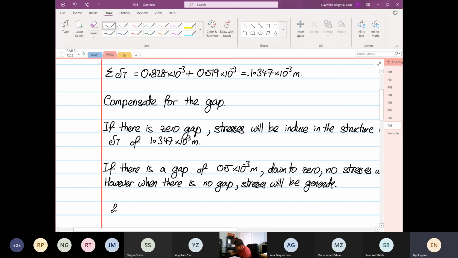So therefore, right, delta T will be equal to what? 1.347 times 10 to the power minus 3 minus 0.5 times 10 to the power minus 3, which is equal to 0.847 times 10 to the power minus 3 meters.